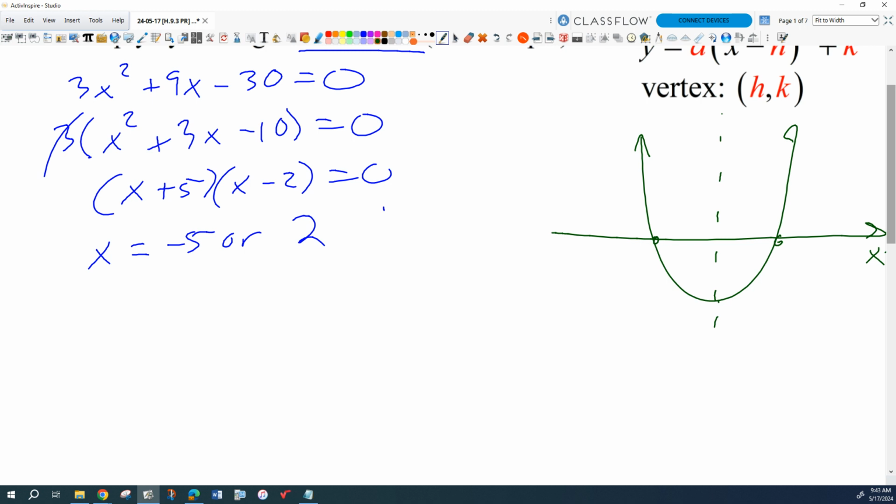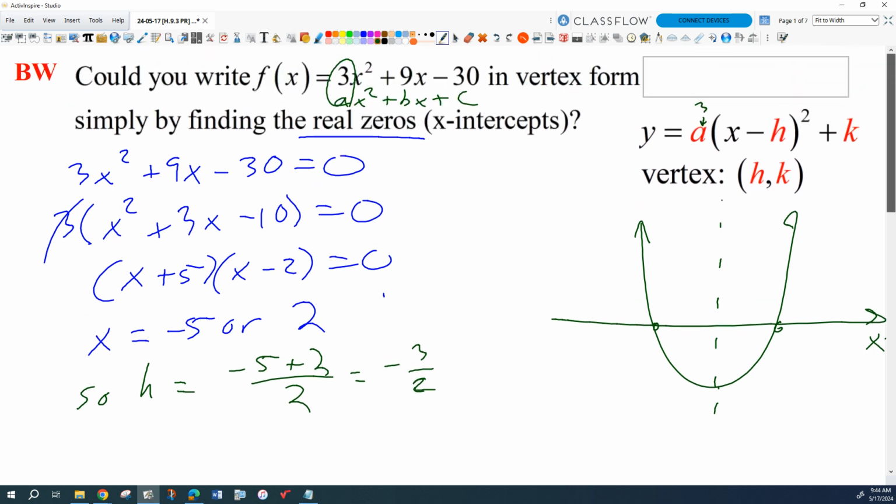So we always know that h is just going to be the average of the x-intercepts. See that? That's a good trick. So h equals -5 plus 2 over 2. We just average them, add them up and divide by 2. And that just gives us -3/2. So that's our value for h.